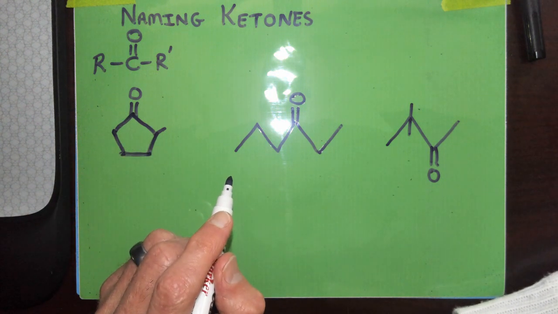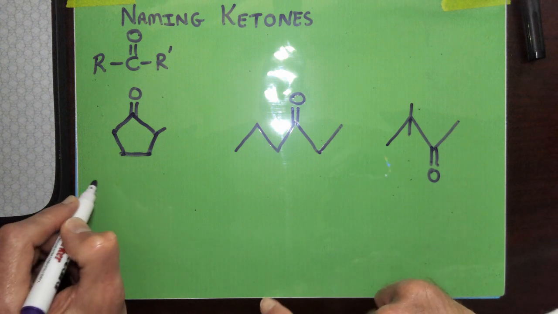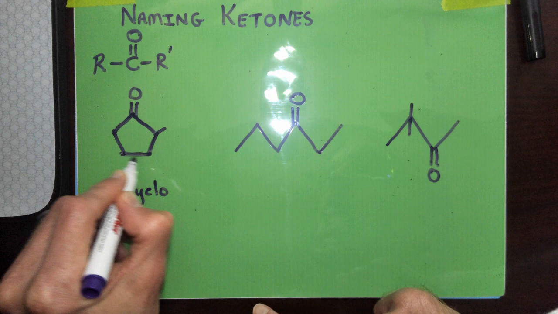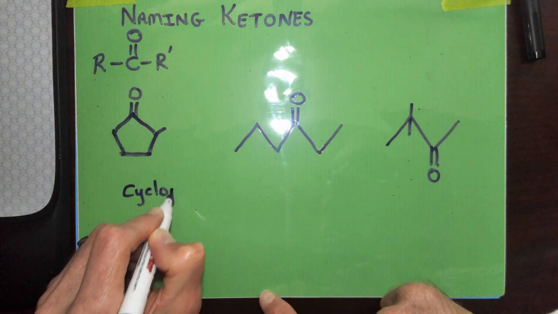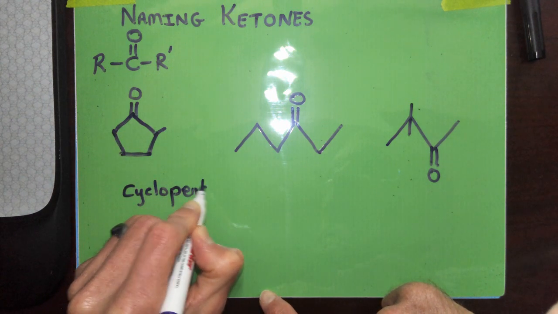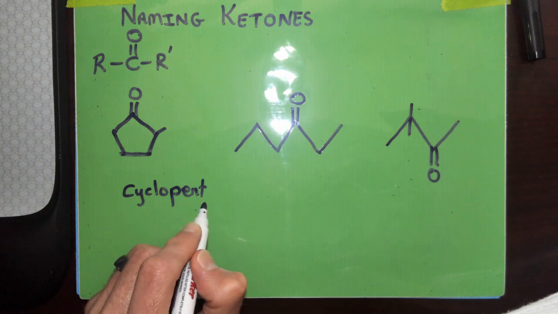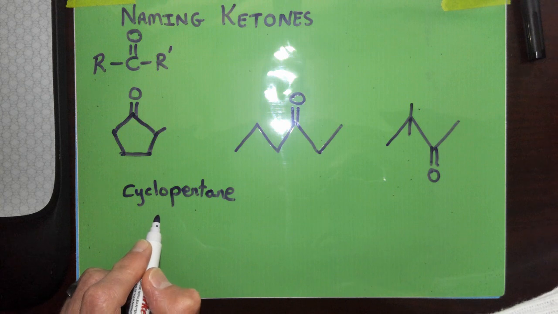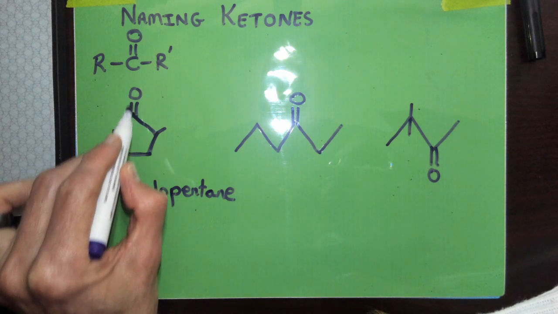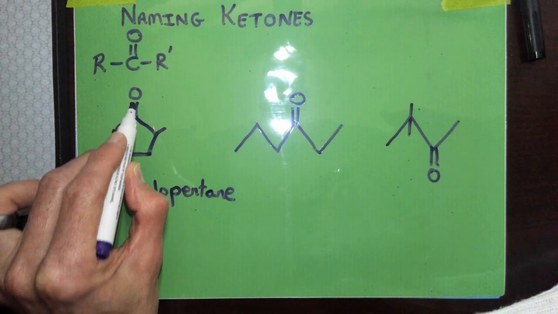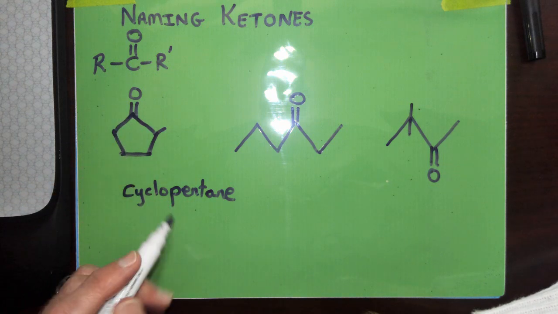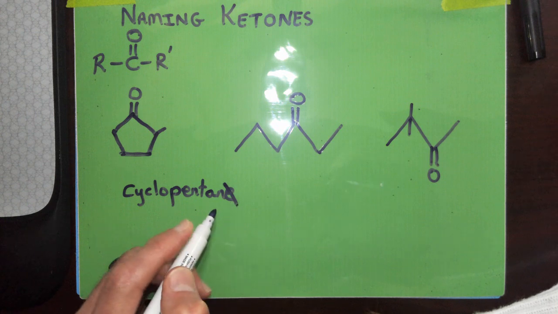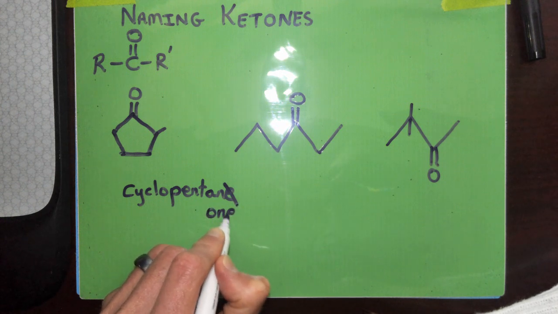So that's cyclo for the ring. Pent. Pentane is what we would normally say, that it is cyclopentane. But here we have the carbonyl, the double bonded oxygen, making it a ketone. What that does is you get rid of the E and replace it with O-N-E.